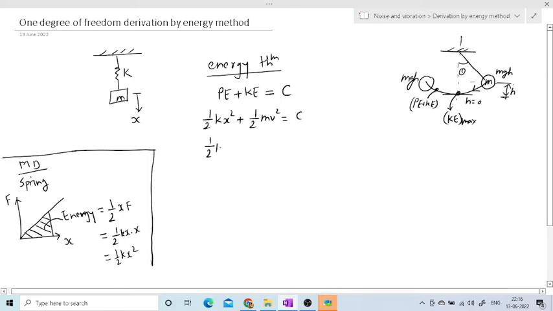So 1/2 kx square plus 1/2 m, where velocity is nothing but x dot, that is the differentiation of displacement with respect to time, that is the first differentiation. So I will represent the velocity as x dot, squared, equal to constant. Now this equation is potential plus kinetic is equal to constant. Now differentiate this equation with respect to time.